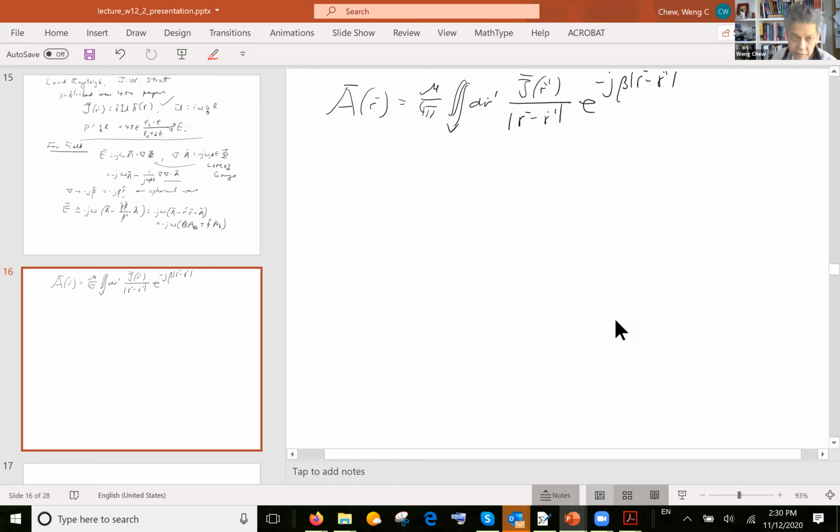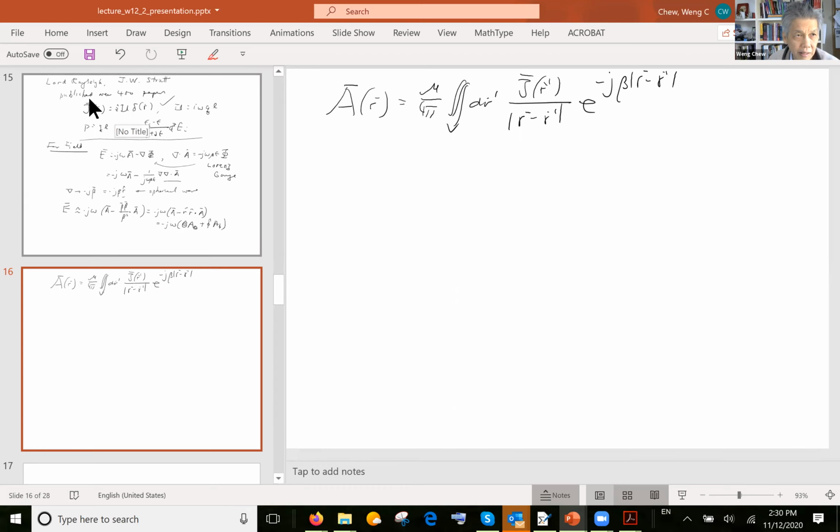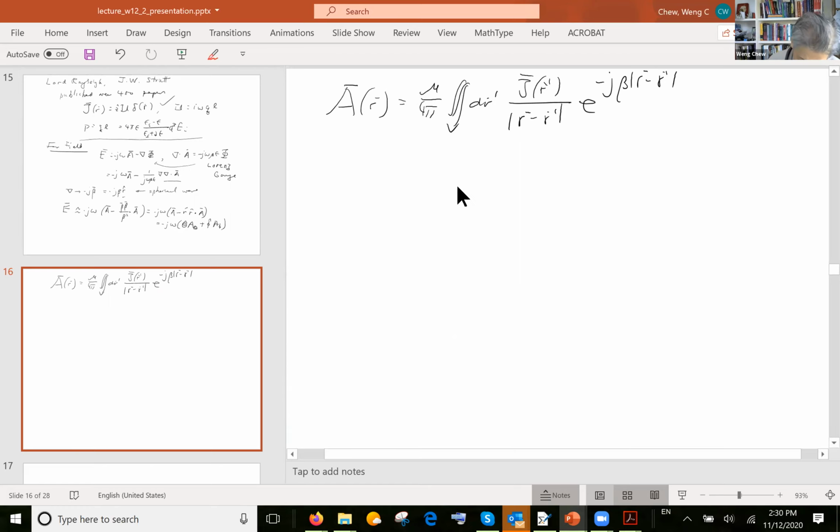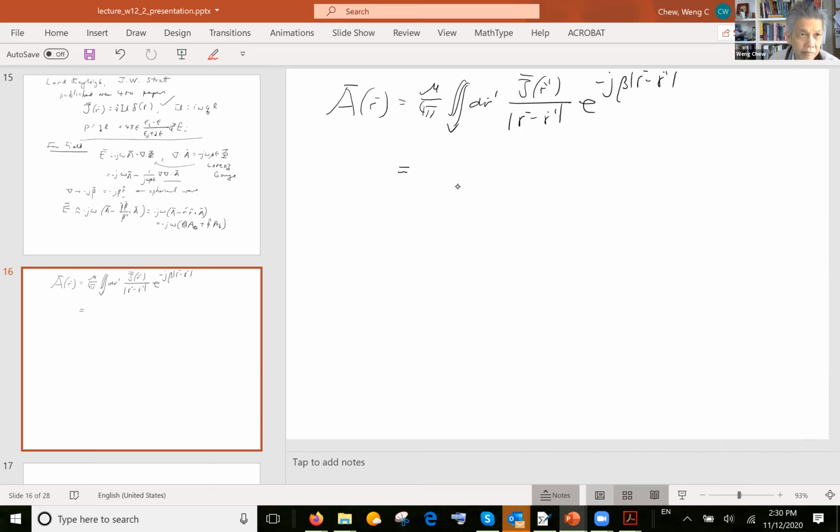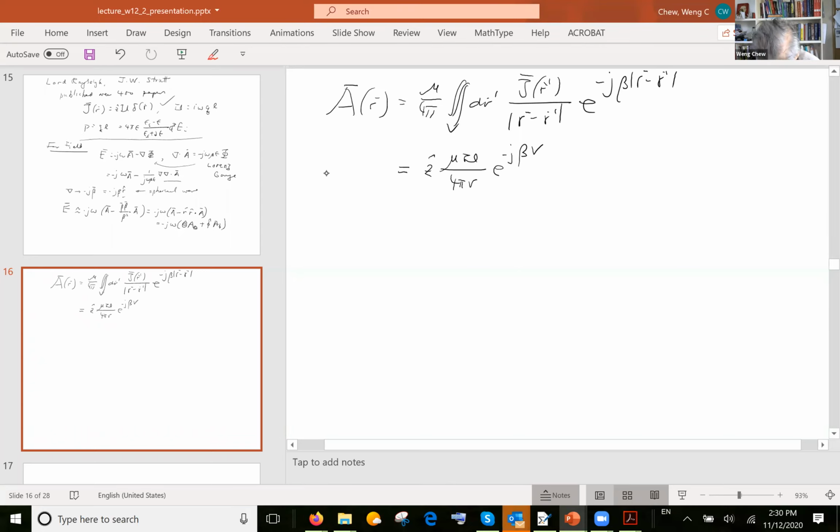When we use this equation and plug in this Hertzian dipole, for the approximation of the Rayleigh scatterer, we get, because r prime is equal to 0 in this expression over here, I use the shifting property of the delta function. I get mu IL over 4 pi r e to the minus j beta r.